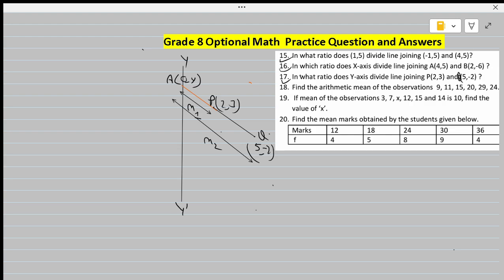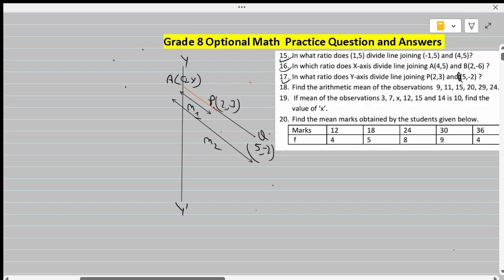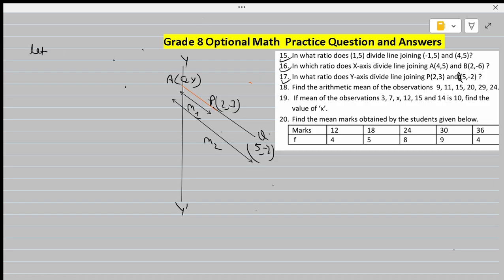Now we say, let A(0, y) on the y-axis divide the line PQ in the ratio m1 is to m2, and you may consider that as k is to 1 also.